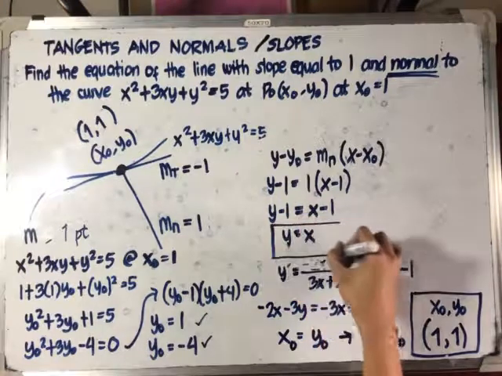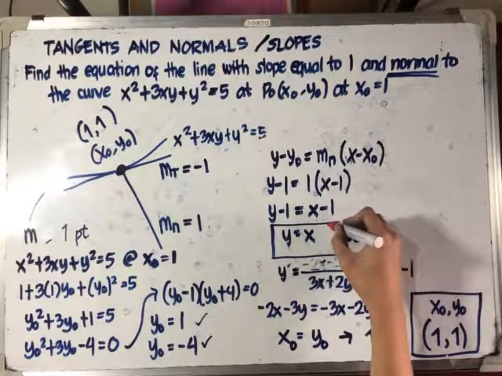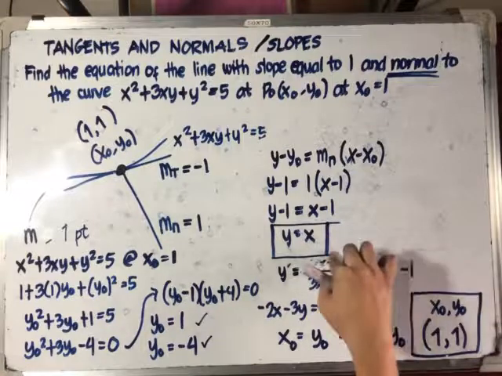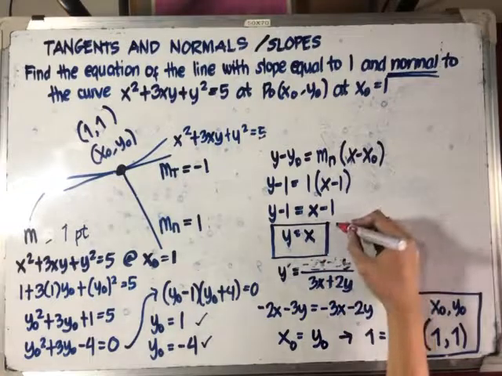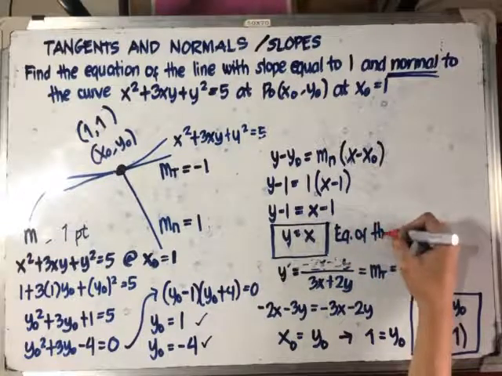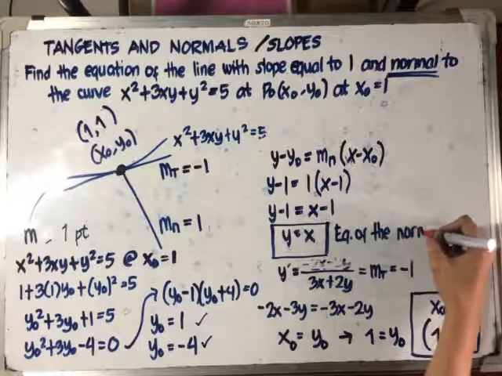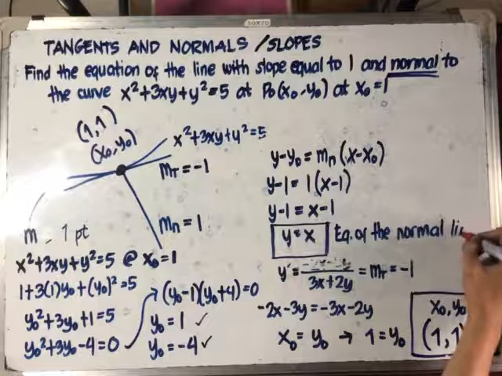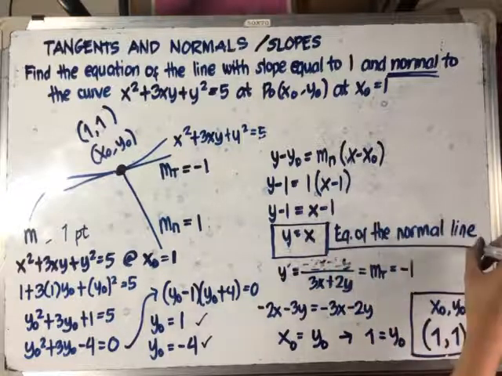This is the equation of the normal line. And that is our final answer.